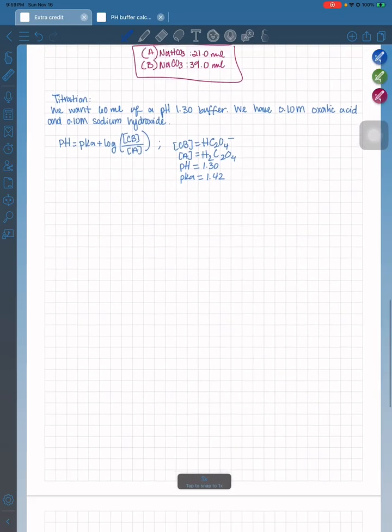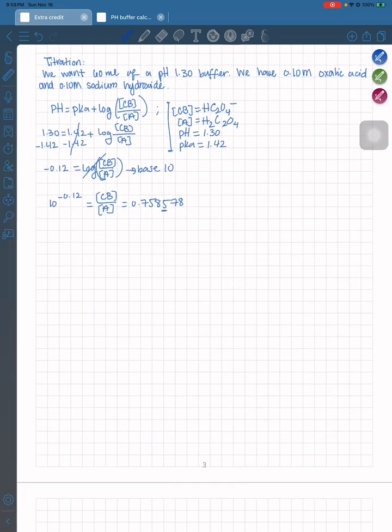Now that we have the ratio, you can use a pH meter to determine the endpoint. The ratio was achieved when the meter reads 1.30. How we go about this is, to make 60 milliliters of the final buffer, we start with about 60 to 80% of the solution, so there's room for the addition of sodium hydroxide. So we're just going to start with 40 milliliters of our 0.10 molar oxalic acid.